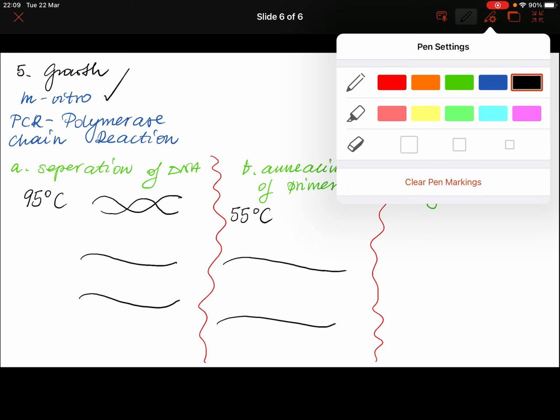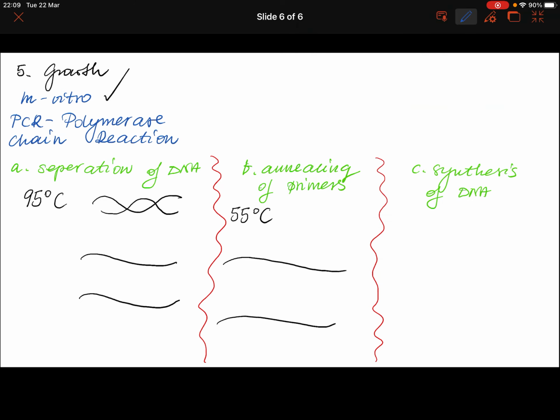What are the primers? Primers are single-stranded short fragments of DNA, which we will add at the opposite ends, here and there. The primers have two main jobs. Job number one is to label the beginning of the synthesis, and job number two is to prevent those strands from rejoining, so the synthesis can follow on both strands.